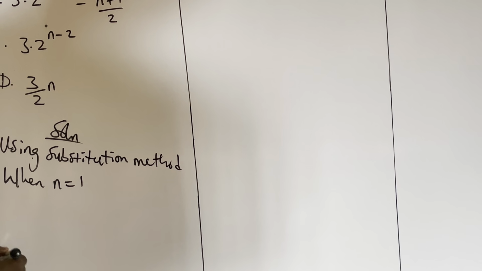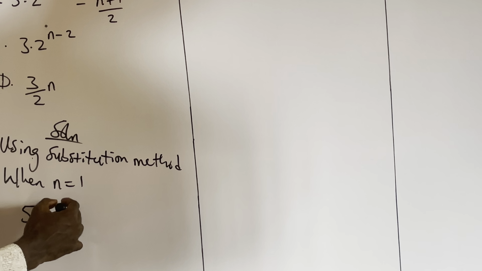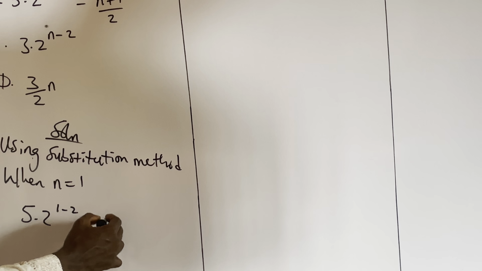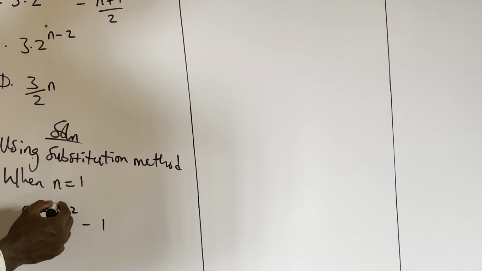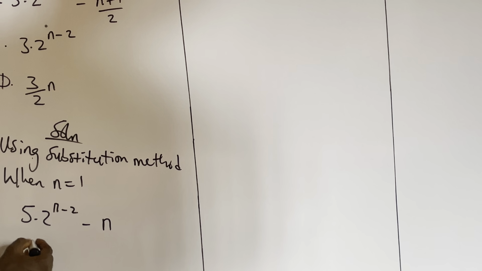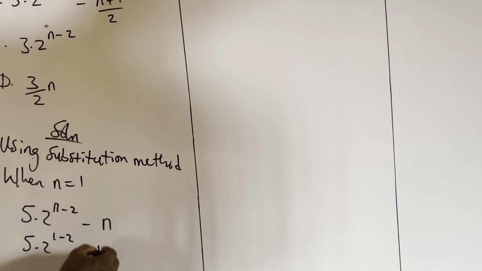when n is equal to 1, let's start with that. We use 5.2^(1-2) - 1. Let me use the normal formula, minus n. So here is 5.2 raised to power n, which is 1 minus 2, then minus 1.